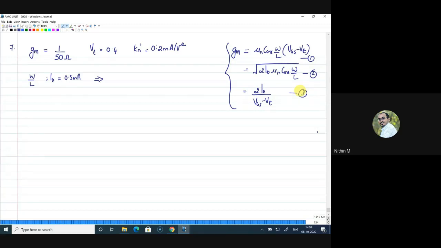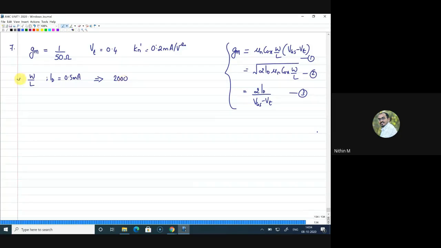You only have to find W by L, so you have to use the second equation. If you use the second equation, what answer will you get for W by L? 2000. Very good, Pallavi. Bhavana, Huma, yes, 2000 is the answer. So that is the first part.